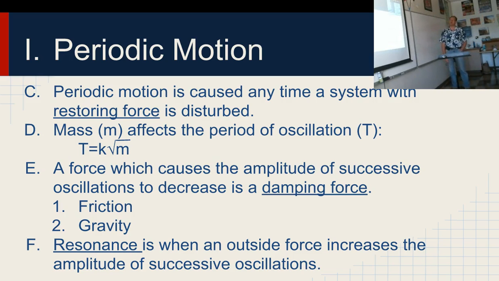Periodic motion is caused anytime a system with a restoring force is disturbed. A restoring force is something that wants to bring something back to rest. So in the example of the swing that we keep going to, the restoring force is gravity. Gravity wants your little brother in his swing to be straight underneath the bar and the chains going straight down.